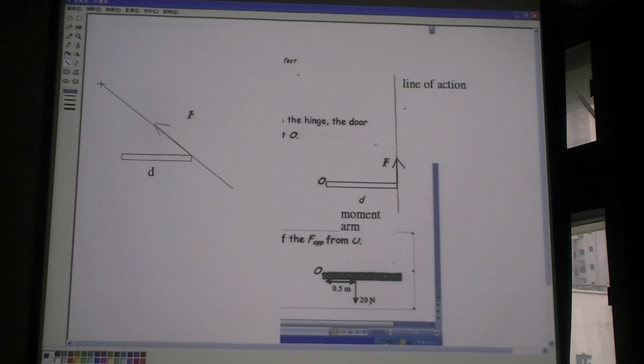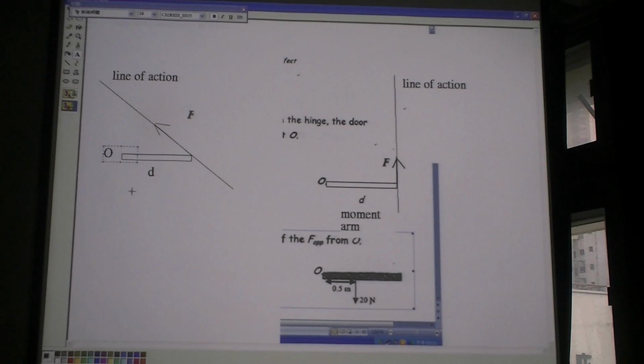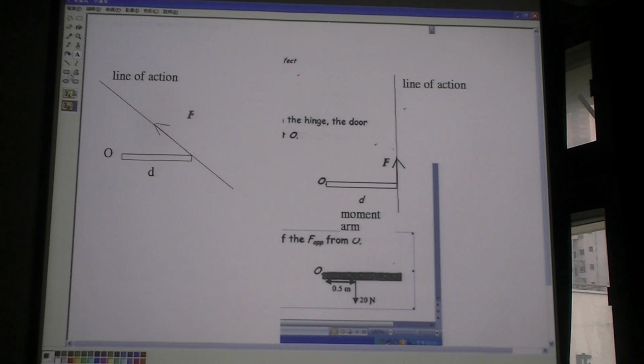We imagine that there is an imaginary line called the line of action, and the moment arm is the perpendicular distance from the point we take moment about, in this case O, to the line of action.